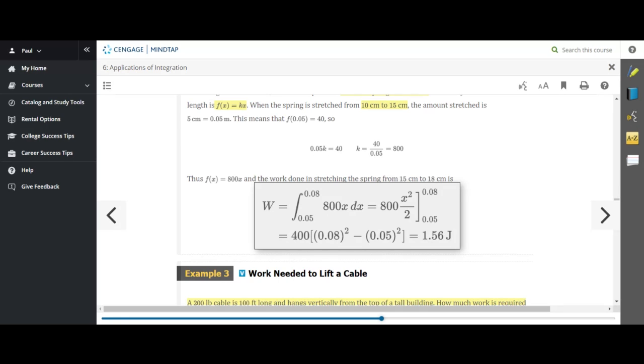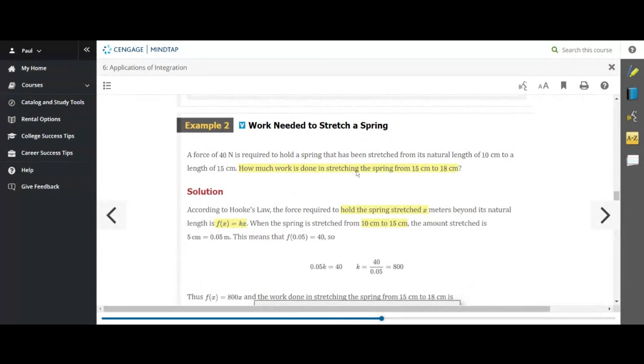Leping? Professor, why is the integral from 0.05 to 0.08? Well, in the problem here, let me go back up. They're asking how much work is done in stretching the spring from 15 centimeters to 18 centimeters.